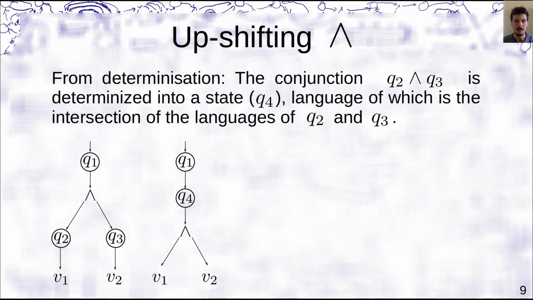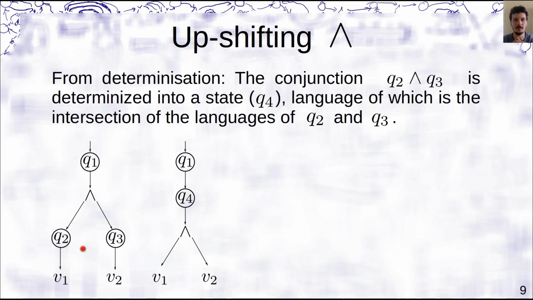The idea behind upshifting stems from the standard determinisation procedure for alternating automata. A conjunction of two states of an alternating finite automaton would be determinized into a single deterministic state. A conjunction represents an intersection of languages.